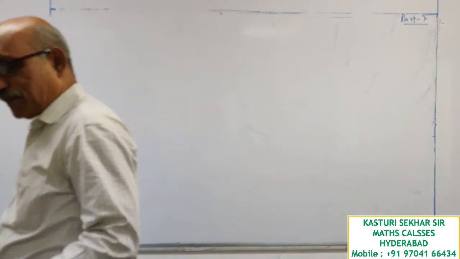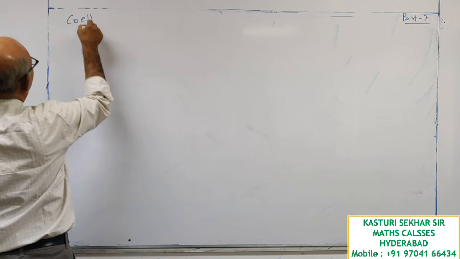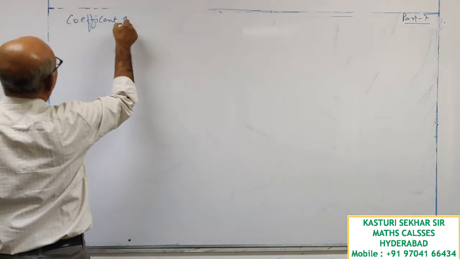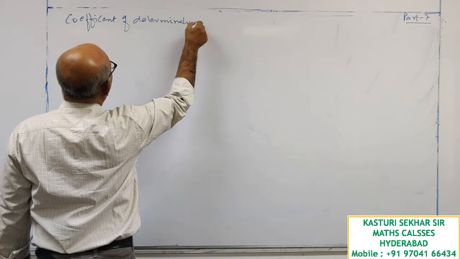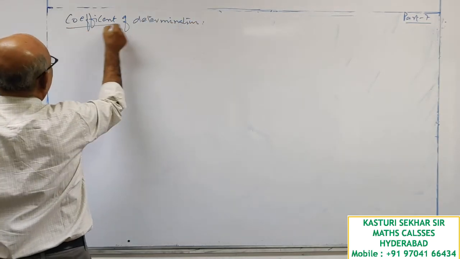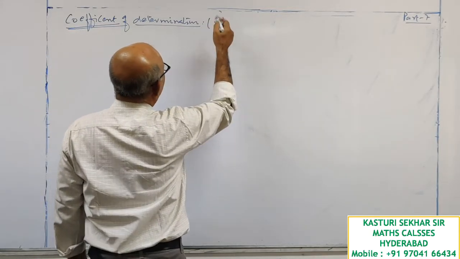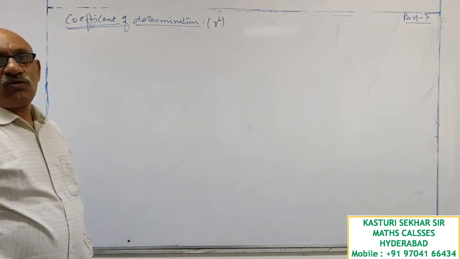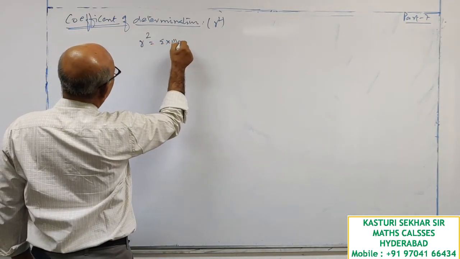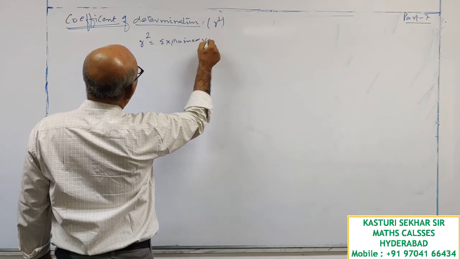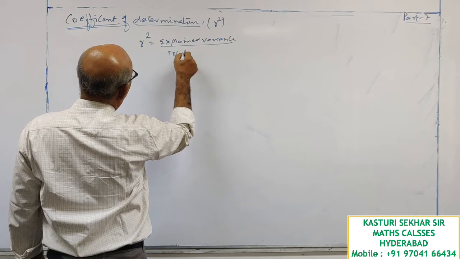Okay, this way you have to calculate the limits of population correlation coefficient. Next point is coefficient of determination, denoted by r square. This is one more tool we have. R square is equal to explained variance divided by total variance.